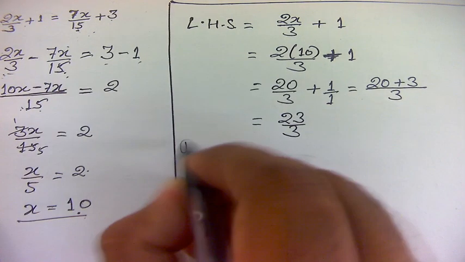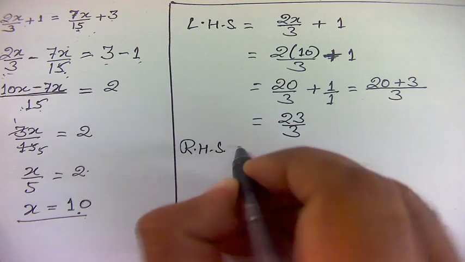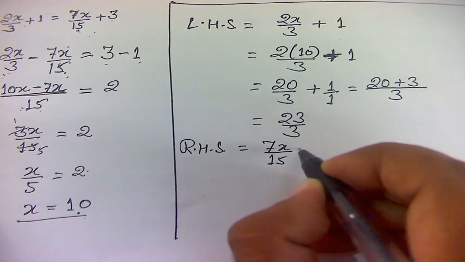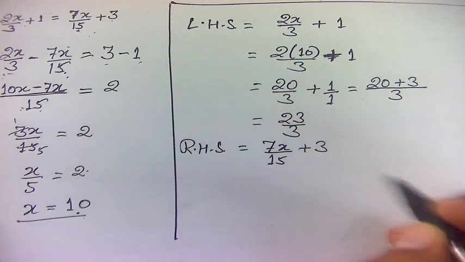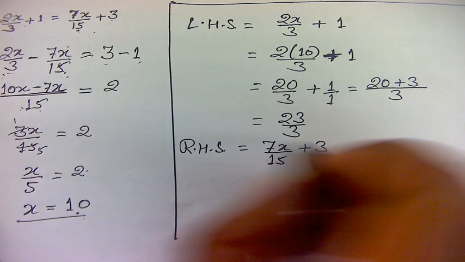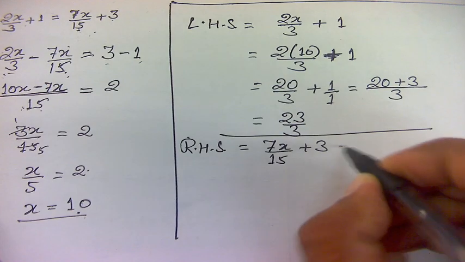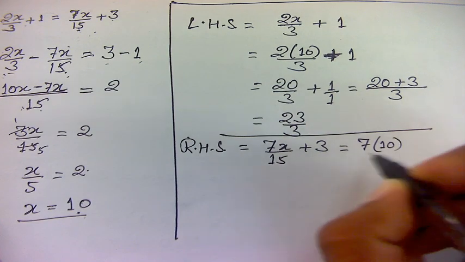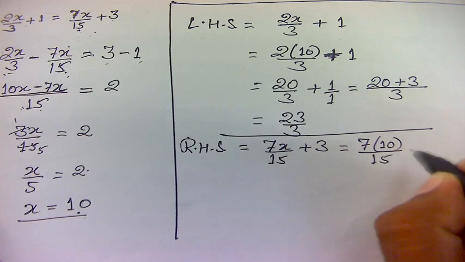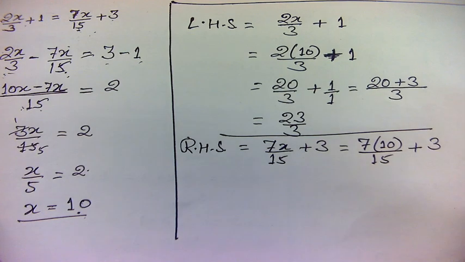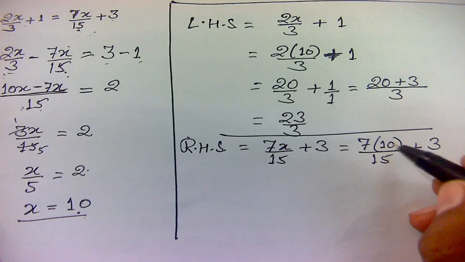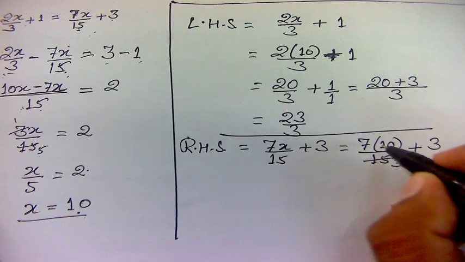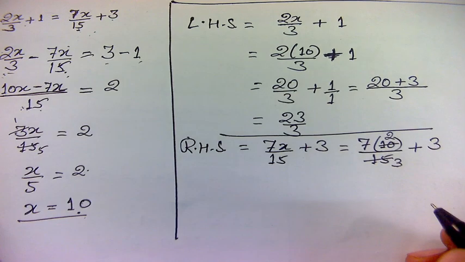Now check out the right hand side. If you take the right hand side, it is 7x upon 15 plus 3. So this is 7 multiply 10 upon 15 plus 3. Now 10 and 15, they are simplified. 5 3 times is 15 and 5 2 times is 10.